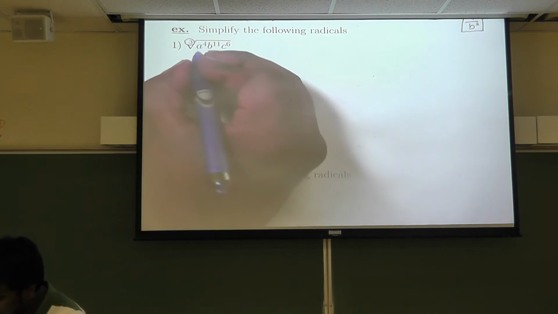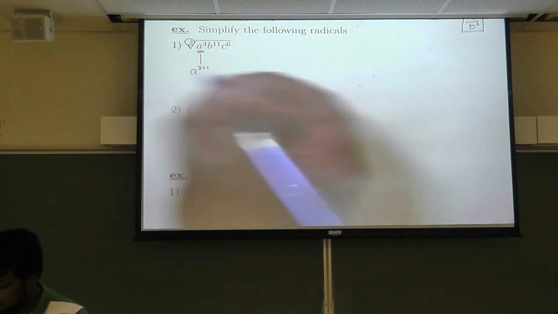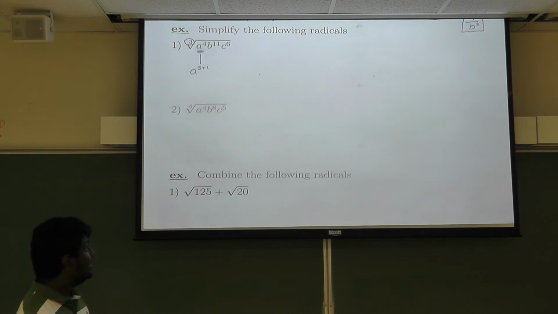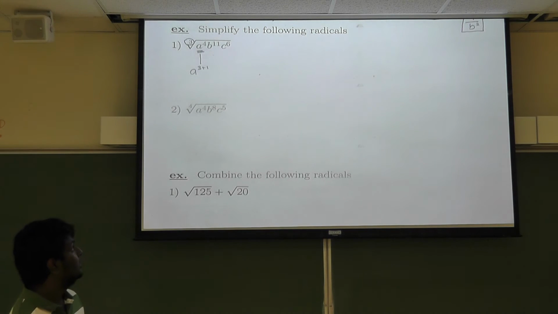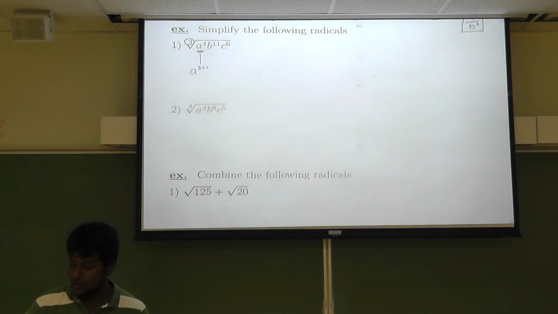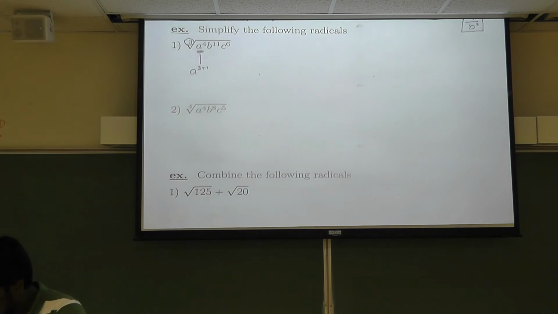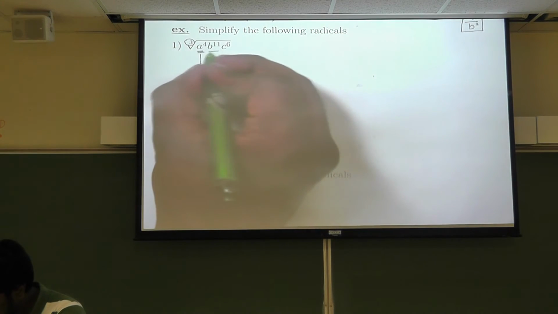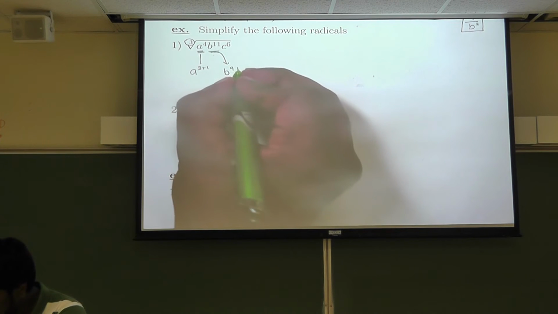Because I see a to the power 4 is a to the power 3 plus 1. Why did I break it into a to the power 3 plus 1? Because I have the third root on the outside, so if I take the third root of a to the power 3, that will just be a. Similarly, I can break b to the power 11 into b to the power 9 plus 2.